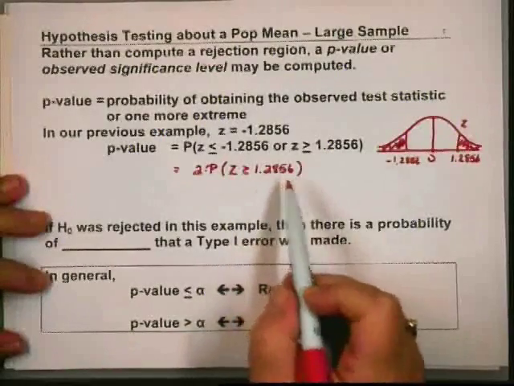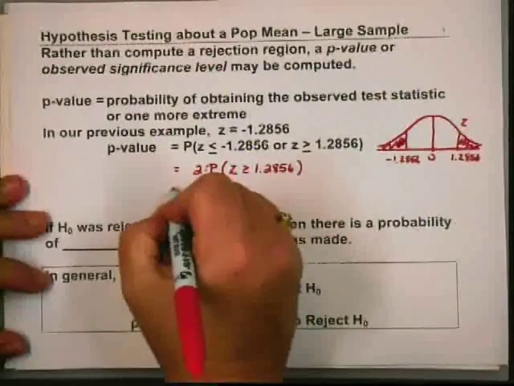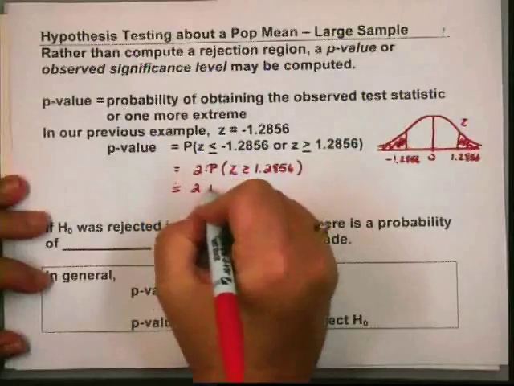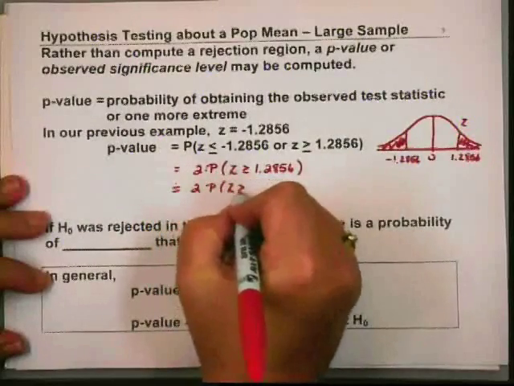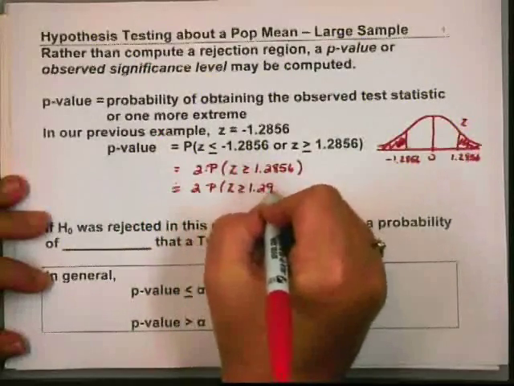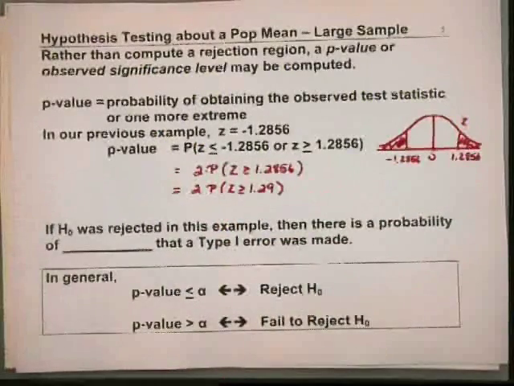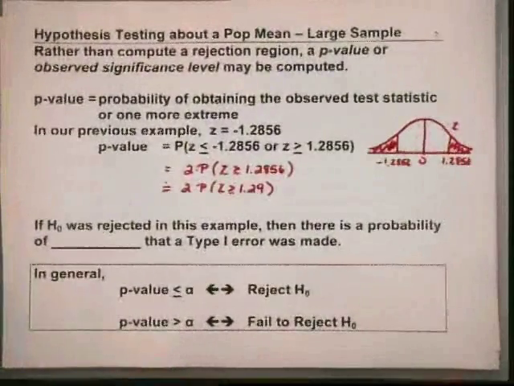Our z-scores are only to 2 decimal places, so we need to look up the probability that z is greater than or equal to 1.29 and double that. So look up 1.29, find the right-hand area.